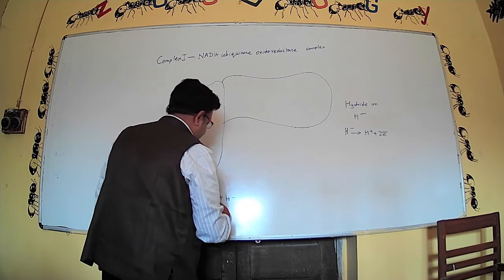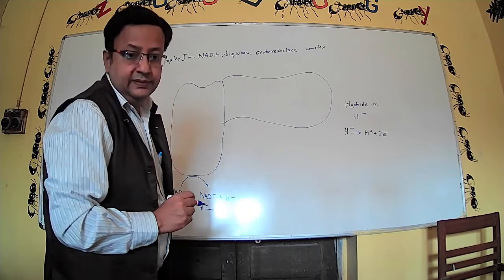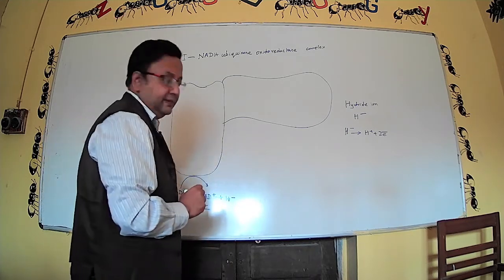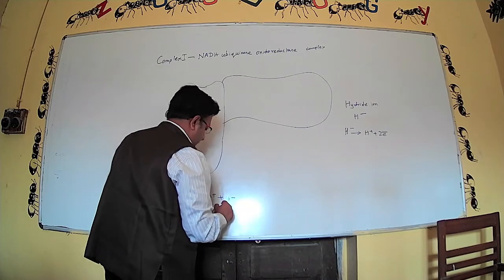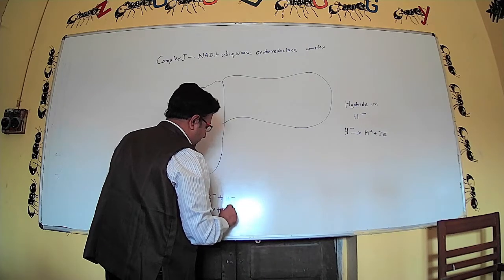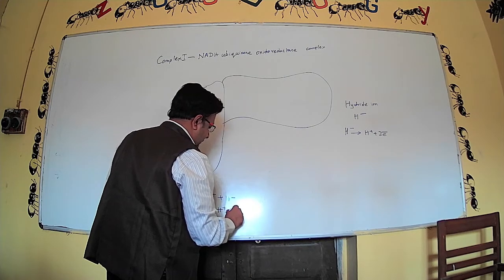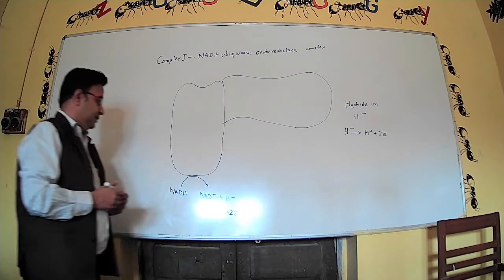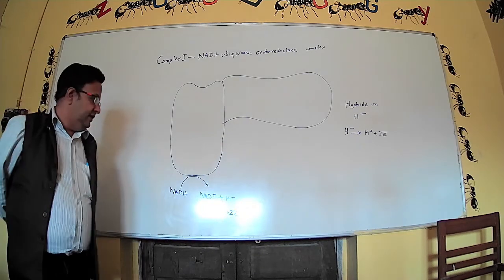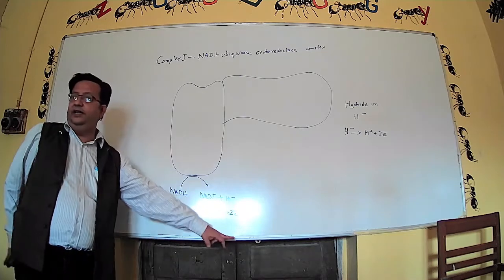H minus, right, and these are the two high energy electrons.